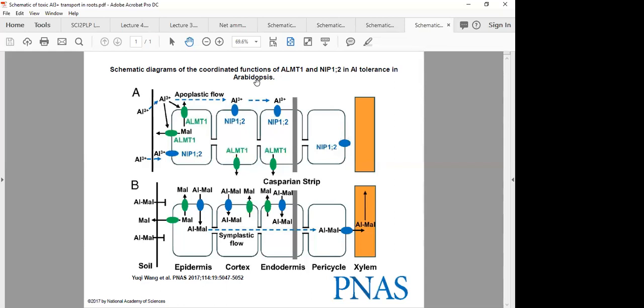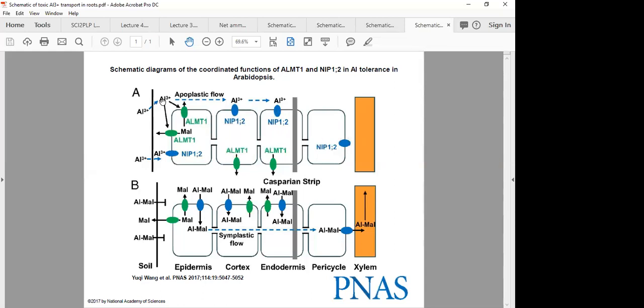So let's just simply look at the mechanism that's being proposed to enable tolerance to these toxic species in the soil. All right, so here's aluminium in the actual soil itself. And here we have an epidermal cell, and of course an example of a cortex cell, endodermis, once again with its Casparian strip, pericycle cell, and the xylem here to the right.